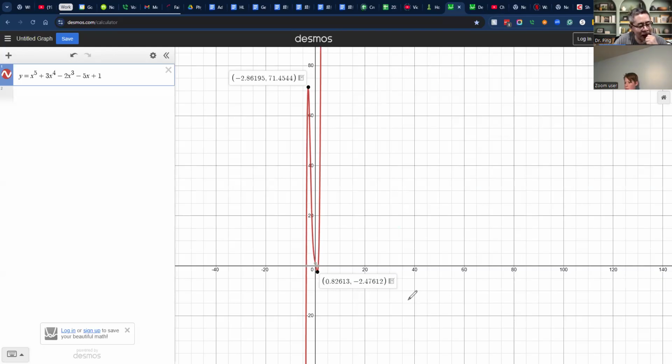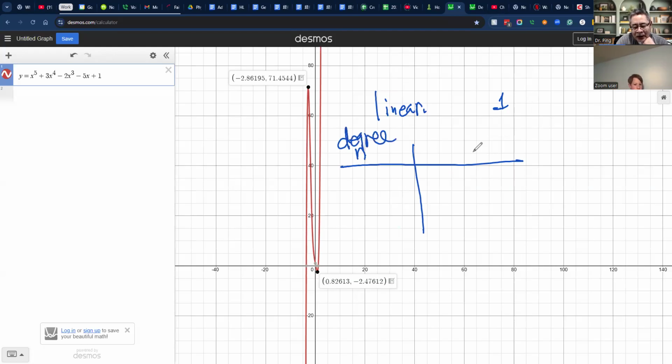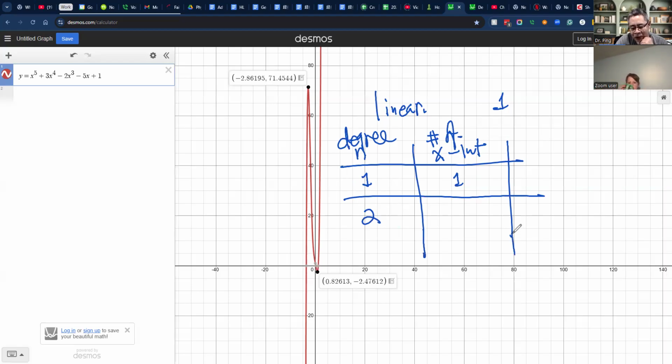In terms of the x-intercept, if you have the first one, the linear function, we only have 1. So we're going to write down here the degree, and this is the number of x-intercepts. If n is 1, then we have 1. If n is 2, we actually have 3 choices: we could have 0, no x-intercept, or 1, or 2.